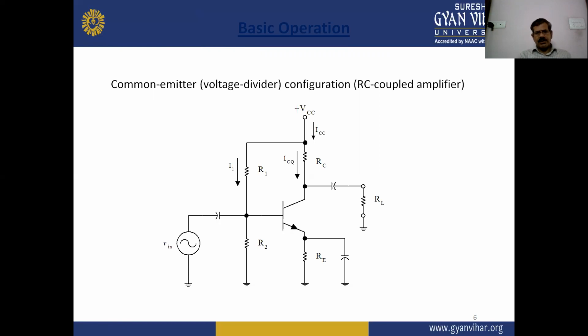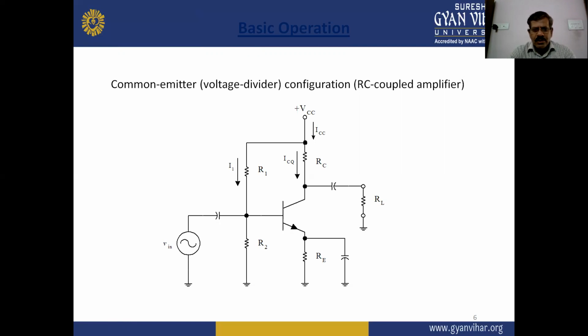There is also a collector resistance across the collector terminal, and a DC voltage supply VCC applied across the transistor collector terminal. An output capacitor is also connected across the collector terminal, and a load resistance, and we measure the output power across the load here.